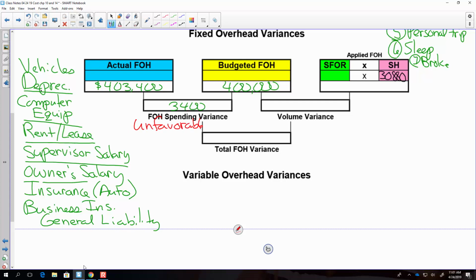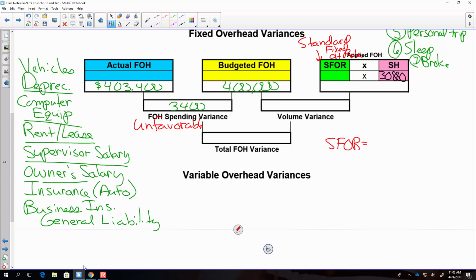Okay, good. Now, what is our SFR, standard fixed overhead rate? I'm going to do a computation. I hope you have room here.